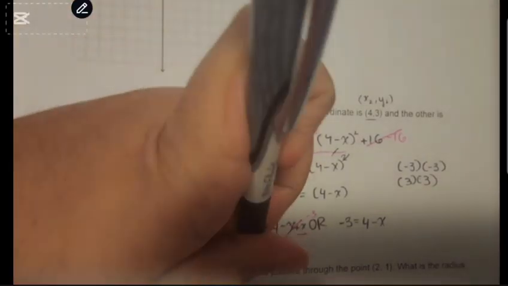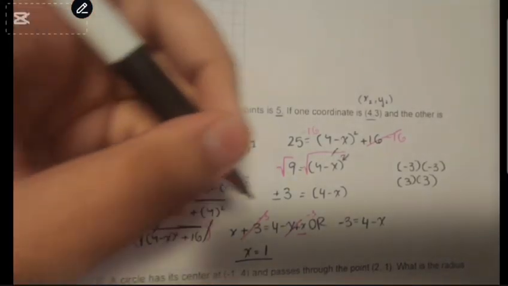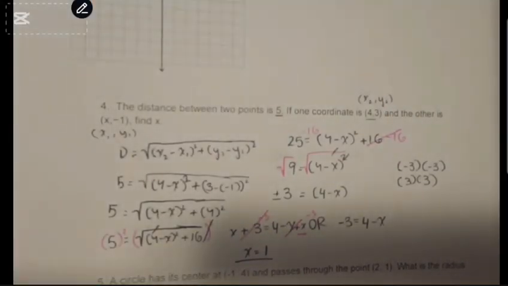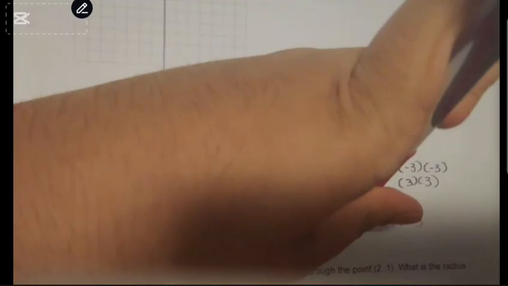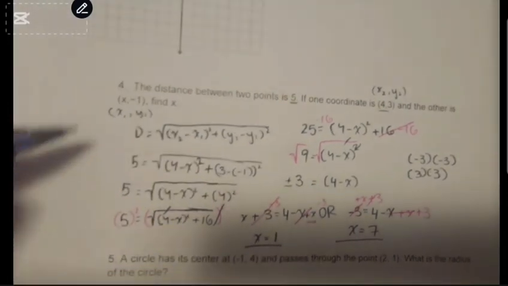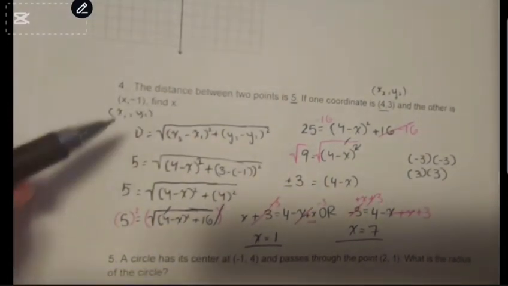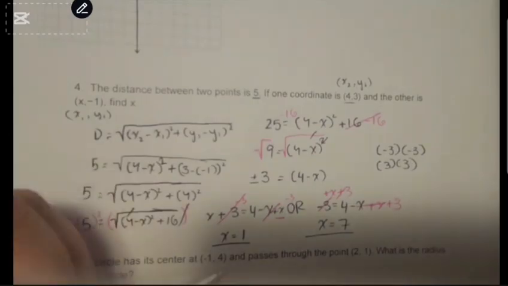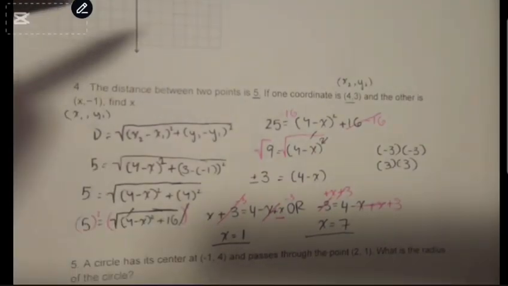So then we'll be left with x is equal to 1. If we do the same thing here, plus x and plus 3 cancel out, then x is going to equal 7. So now we know x could be equal to 1 or 7.